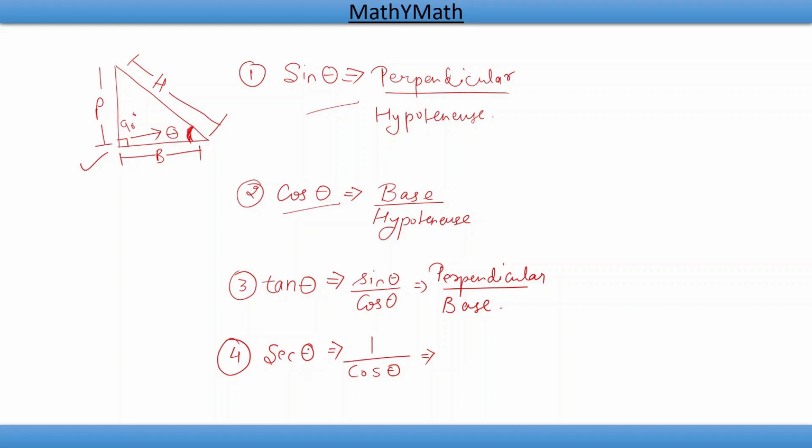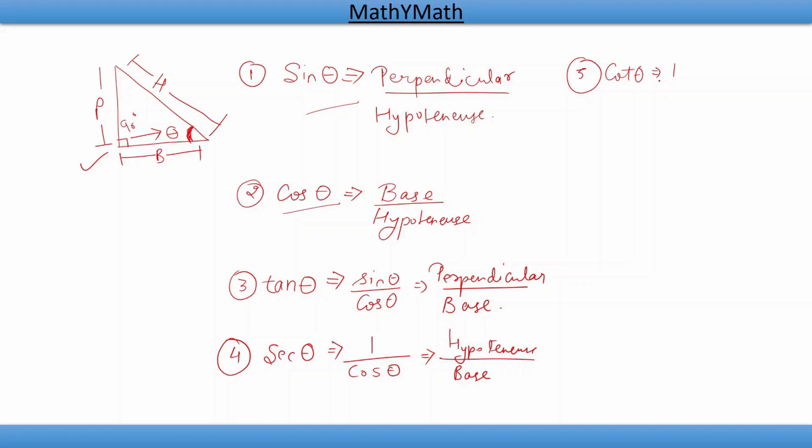So sec theta is the inverse of cos theta, and we can also write it as hypotenuse upon base.